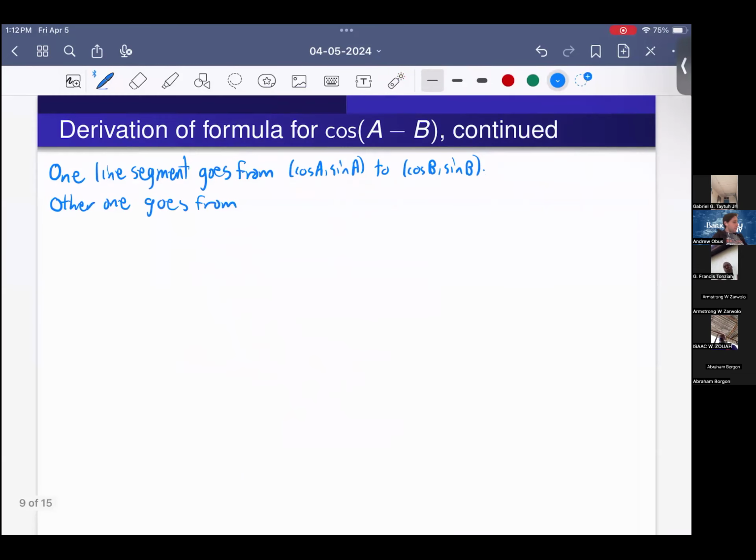So this goes from cosine of A minus B, sine of A minus B to (1, 0). Now we're just going to compare the distances and set them equal to each other.